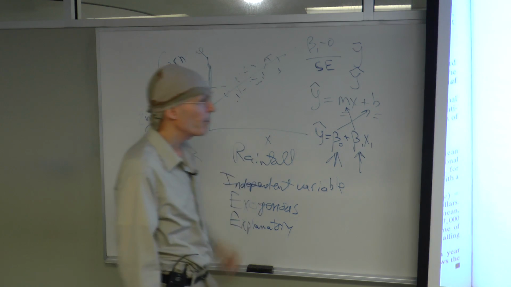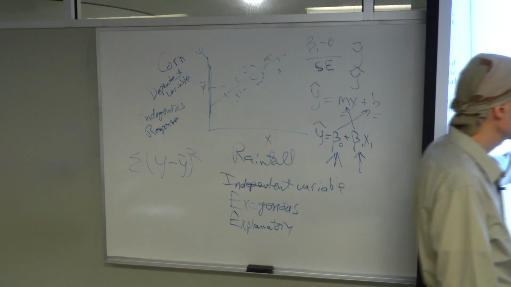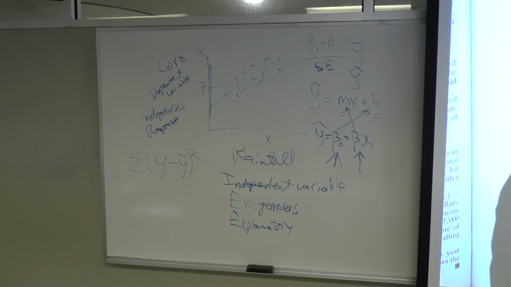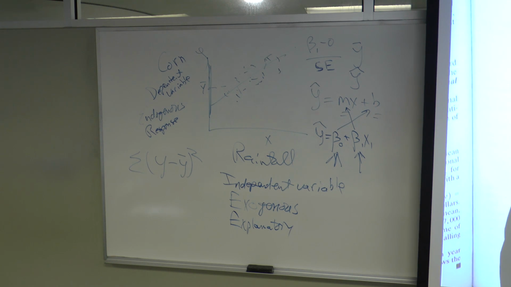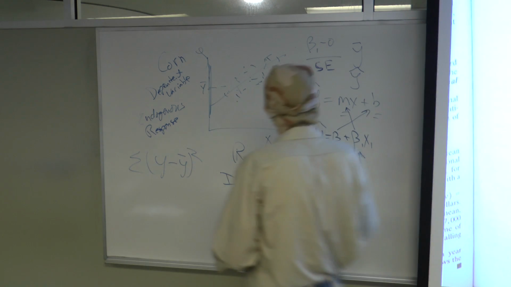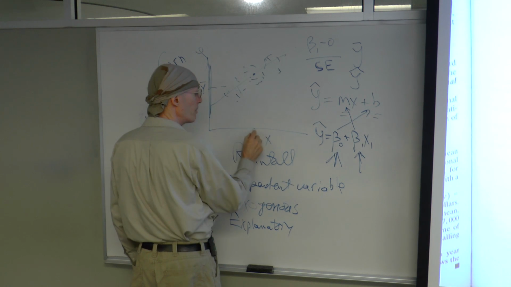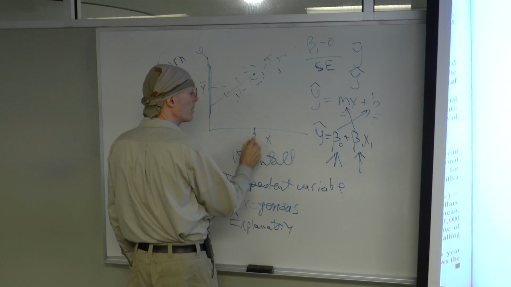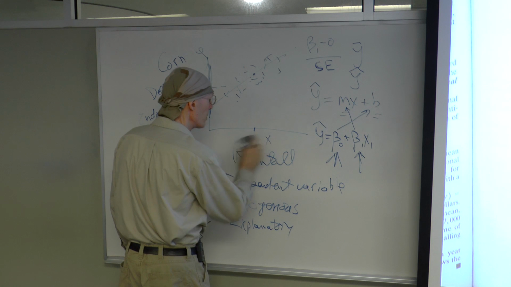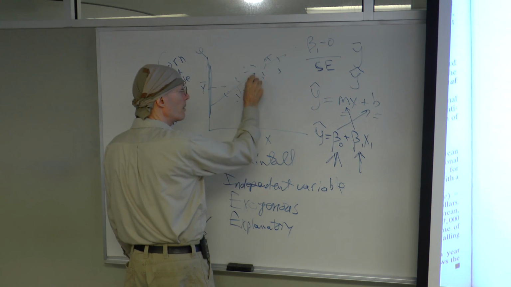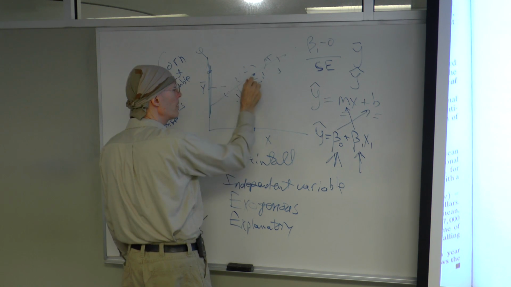So what we have here is, if we take the value for y minus its predicted value. So here's the predicted value for one guy right here. For this value of x, that gives us a value for y here.